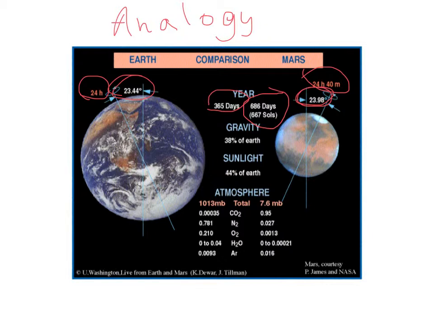It's further away from the sun, therefore you might expect that there's less light. And there is an atmosphere on Mars, but instead of it being mostly nitrogen and oxygen, which is the case for the Earth, the atmosphere on Mars is mostly carbon dioxide, and it is a substantially thinner atmosphere.